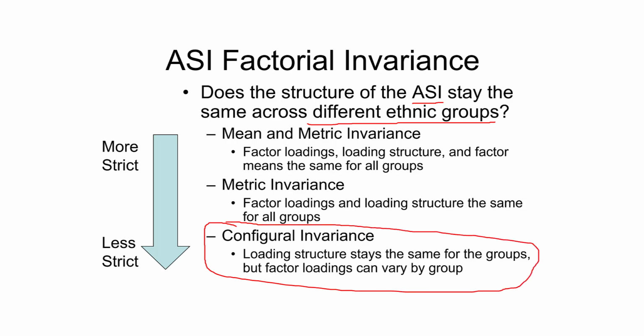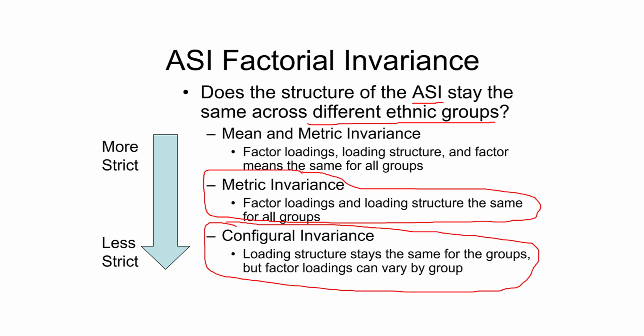So what we found last week in exploratory was a 3-factor structure, and do we have that same 3-factor structure for the groups? And if we don't, then maybe we have a 4-factor structure for one ethnic group, or something along those lines. We'll then look at going up to be more strict metric invariance, and do the factor loadings stay the same for every group?